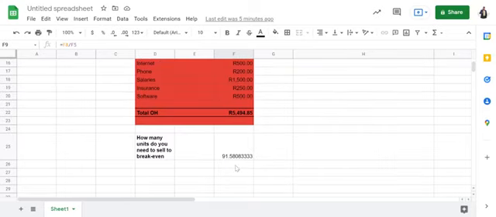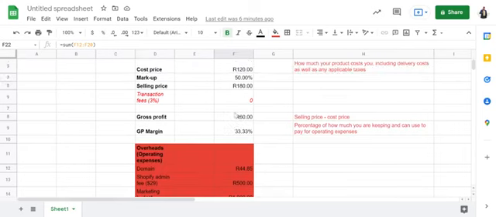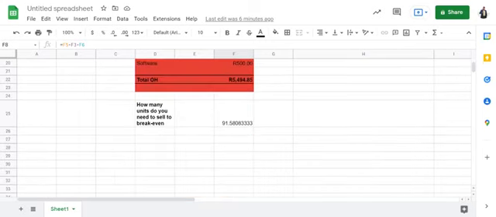Now what we then do here is we say your overheads divided by your gross profit. Remember, your gross profit is how much you keep every time you sell a product. Your total overheads, the expenses to run your business, divided by the gross profit. This tells us how many units you need to sell every month just to meet your expenses.